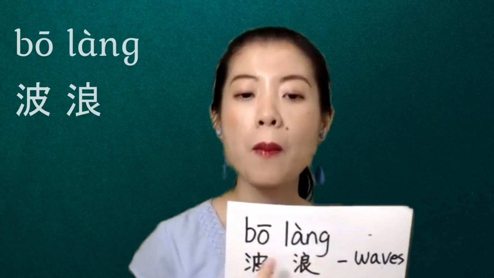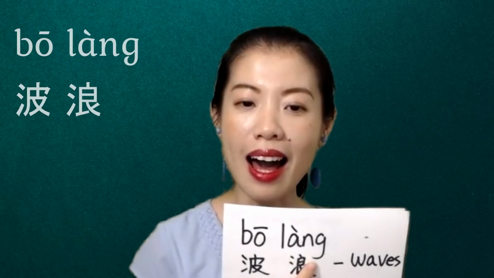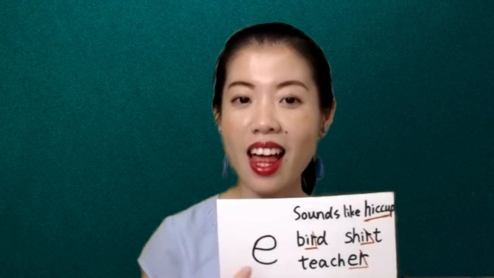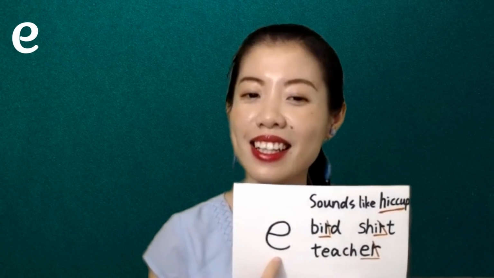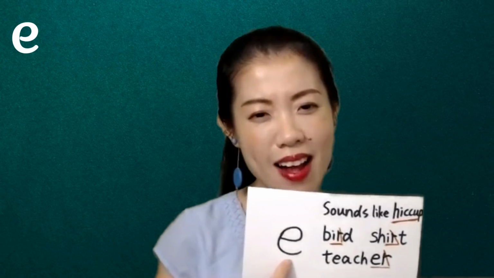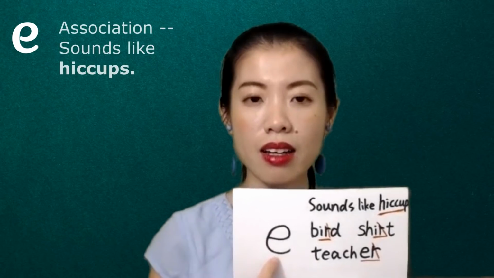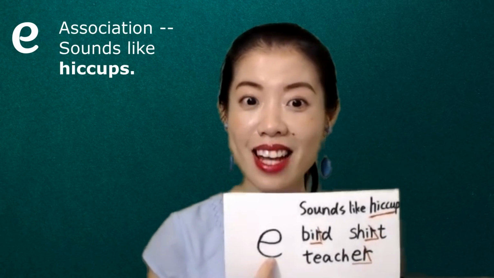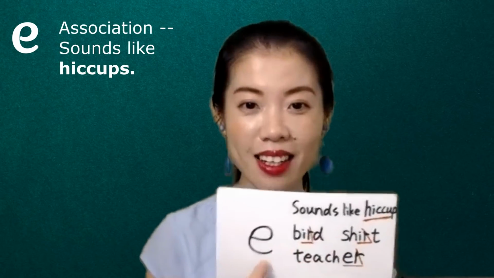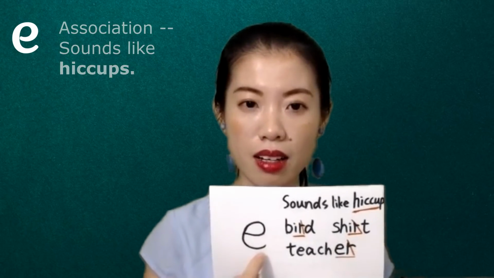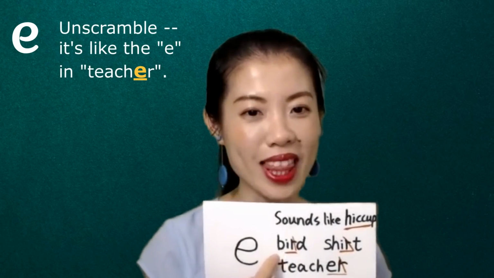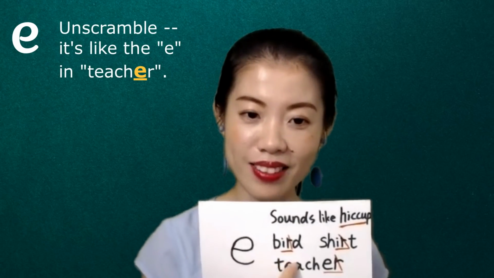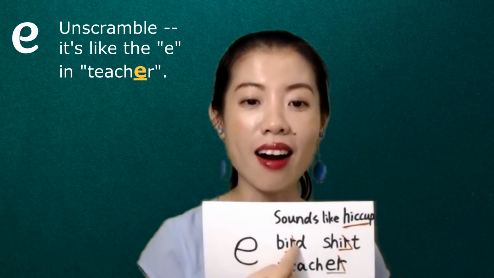波浪, waves. The third vowel is e. What does it sound like? It sounds like hiccups, right? It's like er in bird without the R sound. That's why I cross the R out.